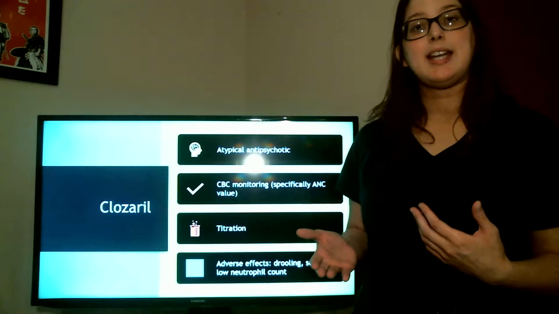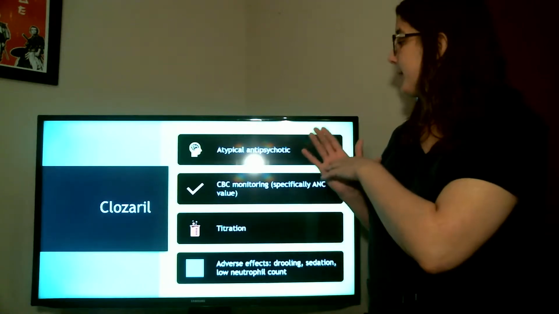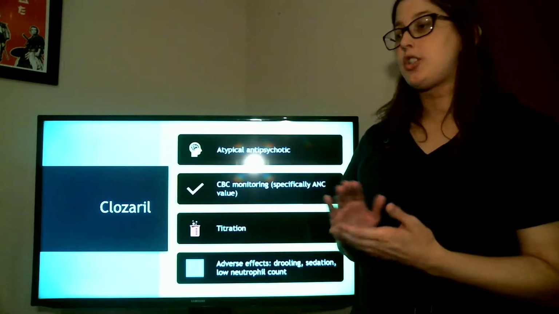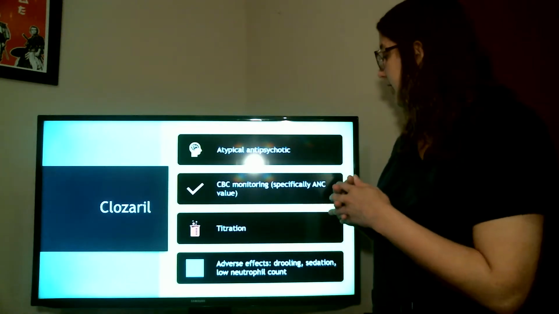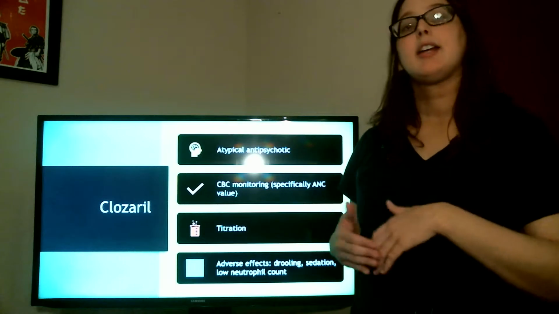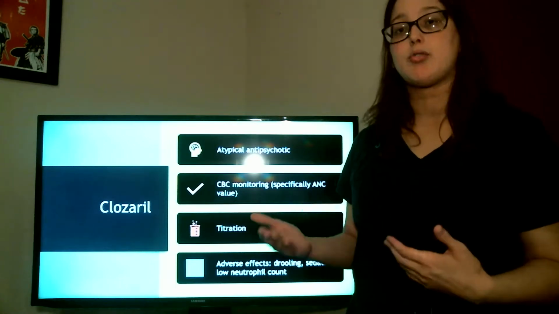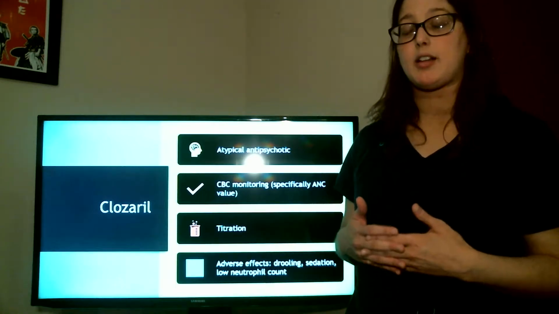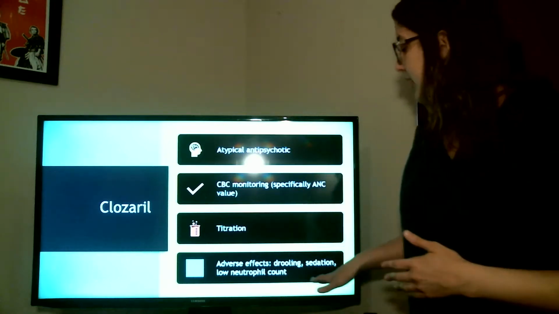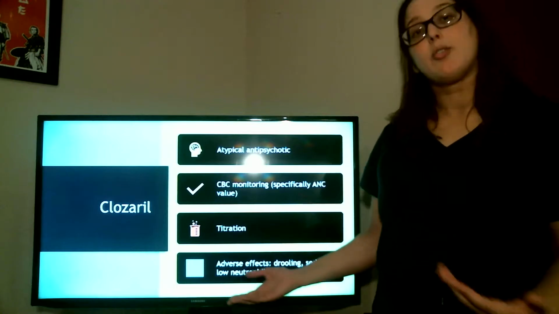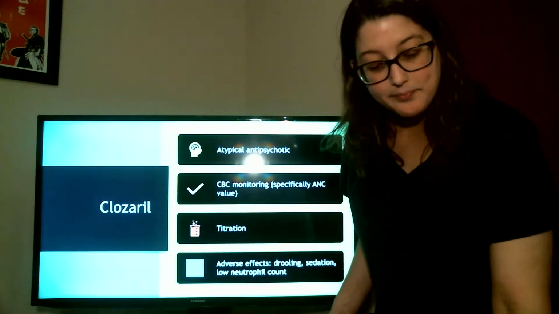And if we see anything abnormal, we stop it and try to start something else. Then, if it goes well, we continue with the treatment. Eventually, we're going to titrate up the Clozaril to twice a day. The adverse effects of Clozaril include drooling, sedation, and low neutrophil count, like I mentioned before.